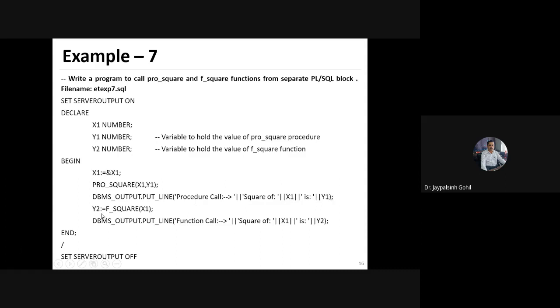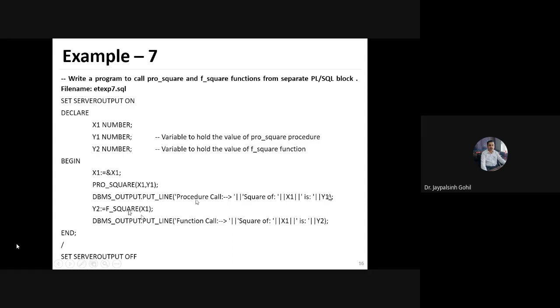Now how to call a function from a separate PL block? The procedure is the same as we have done on the command line. The only thing is, you don't have to use colons. Here y2 will hold the value which is returned by the f square function.